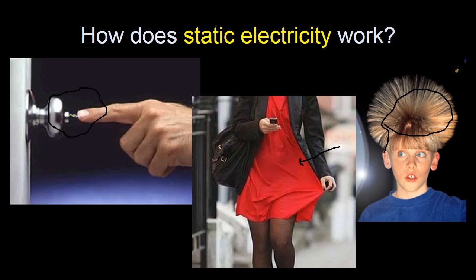So the question is, why does this stuff happen? Well, first of all, in order for this little shock to happen, it seems like that's kind of like electricity right there, right? So it kind of seems like the electricity has to jump from your finger to the doorknob, or from the doorknob to your finger, one or the other, right?